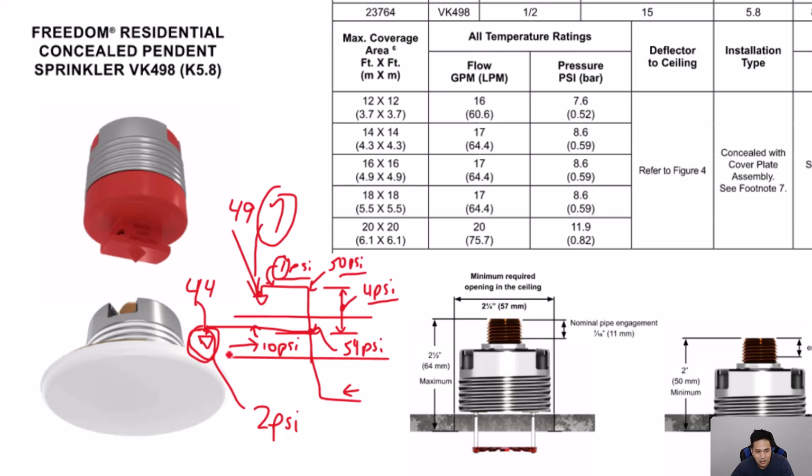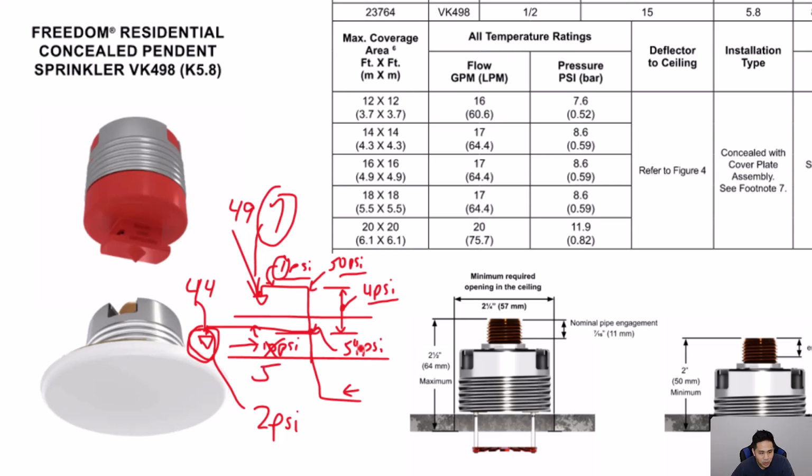Changing this example up just a little bit, let's say instead of the 10 psi right here, this was, let's say, 5 psi. So let's say instead of this, you have 5 psi here.